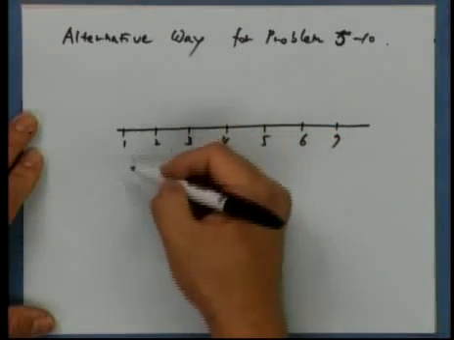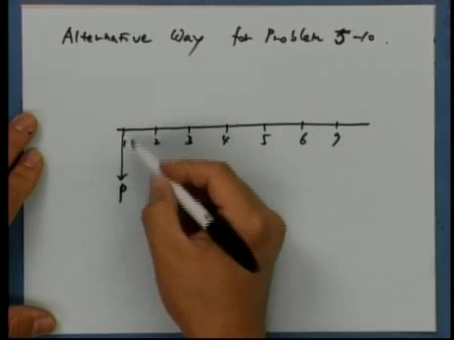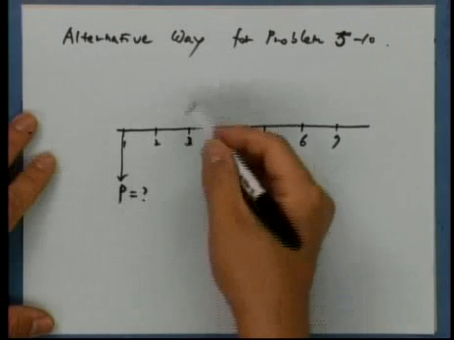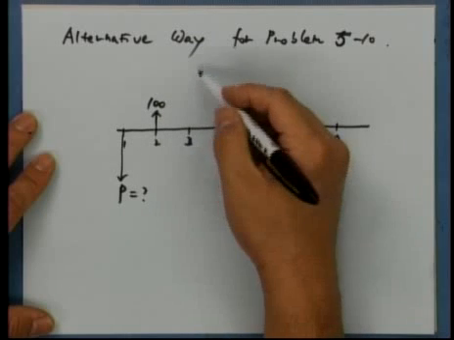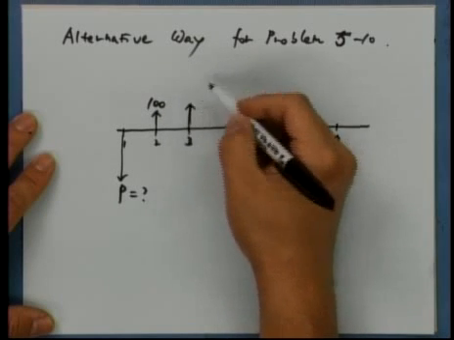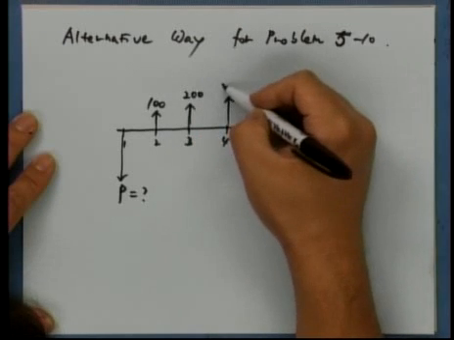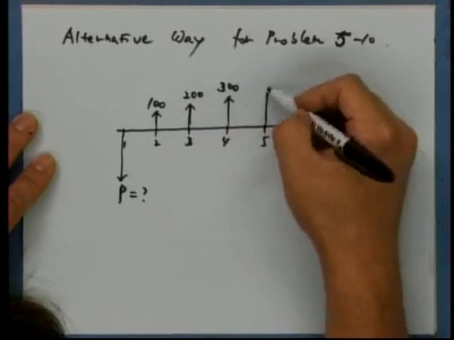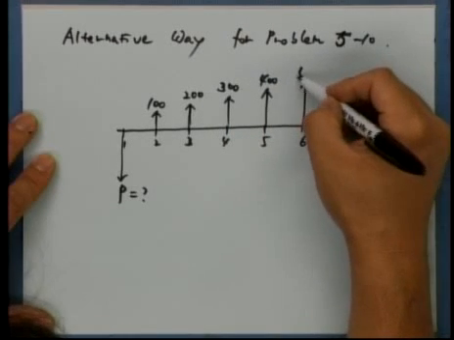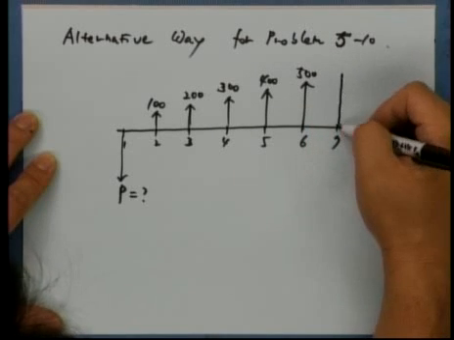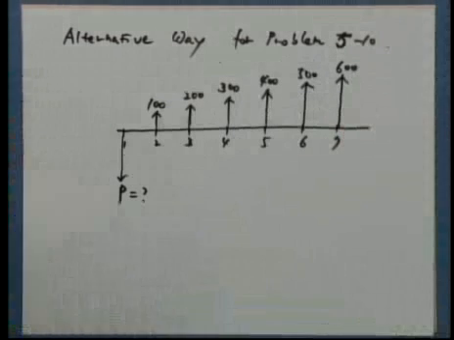And then we want to know the present sum of money at the end of period 1, right? And then at the end of period 2, there is a positive cash flow of 100. At the end of period 3, 200. Period 4, 300. Period 5, 400, period 6, 500, and then at the end of period 7, 600, right?